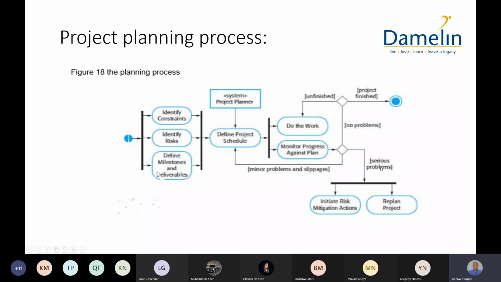In terms of delaying the overall time of the project. Now you either can replan the project altogether or initiate your initial risk mitigation strategies that you had developed at the beginning, okay? So this is a typical flow process.